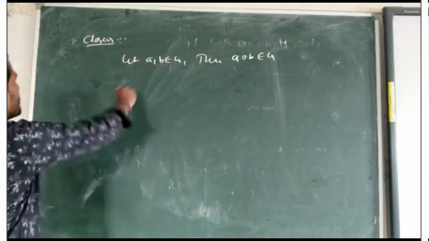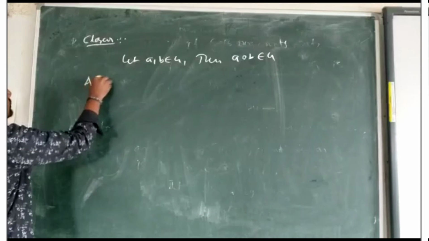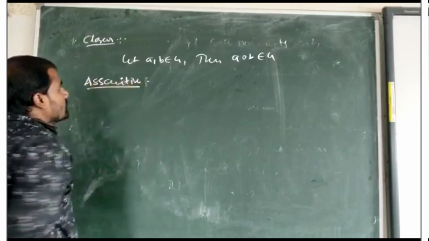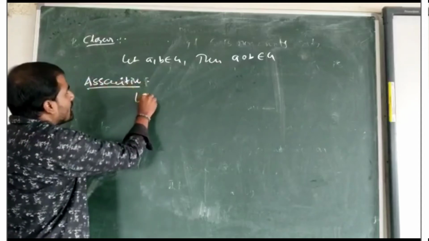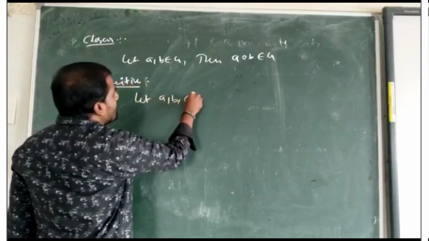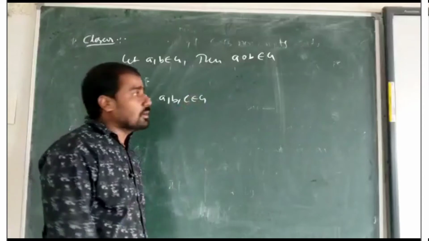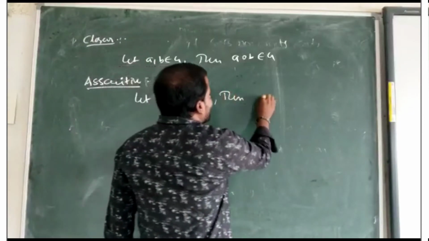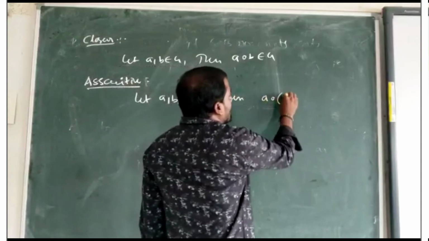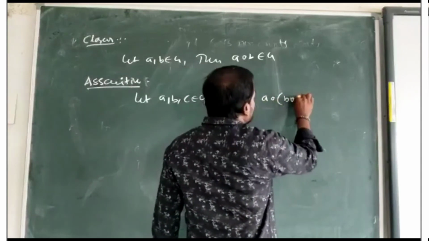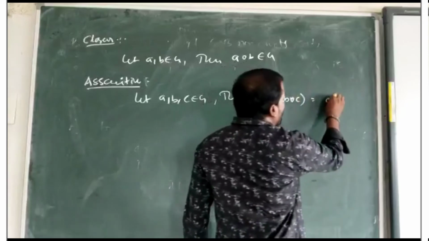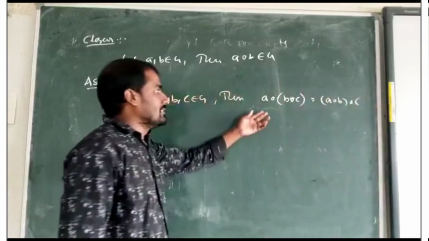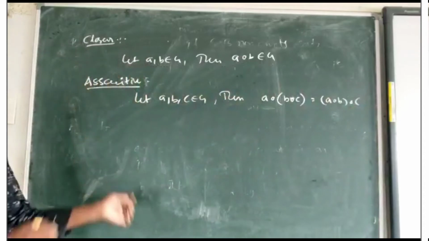Next property is associative. Let a, b, c belong to G. Then (a operator b) operator c equals a operator (b operator c). This relation is called associative.